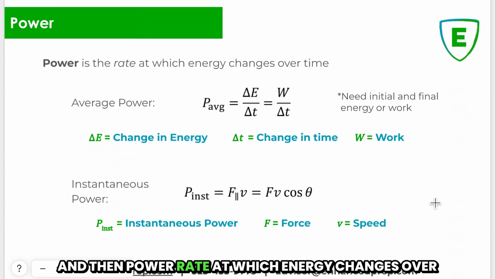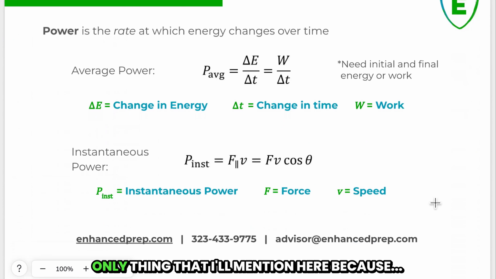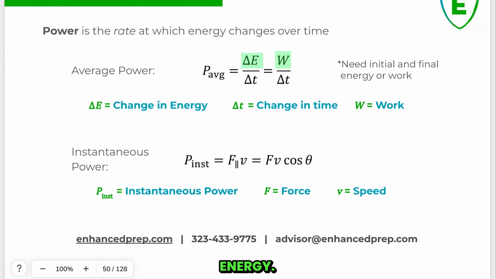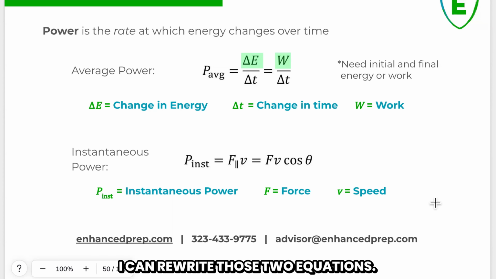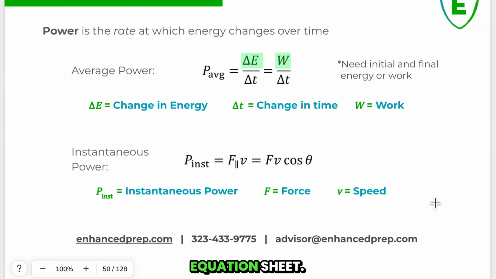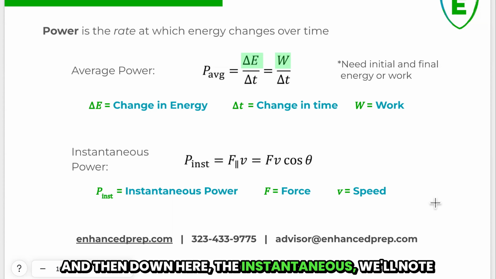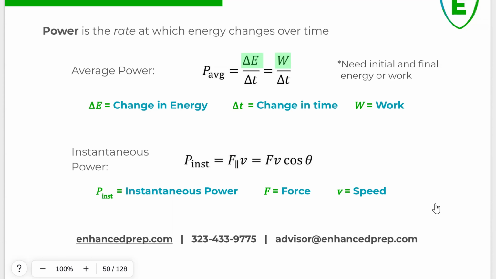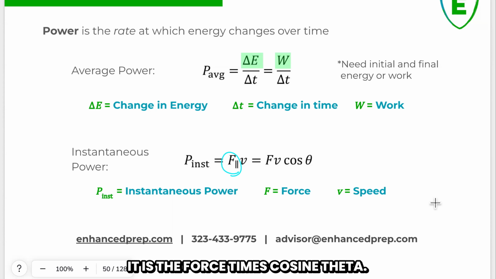And then power: the rate at which energy changes over time. The only thing that I'll mention here is that because work is a type of change in energy, I can rewrite those two equations. I think you might be given both of them on the equation sheet. And then down here, the instantaneous power: we'll note that the parallel force, actually, let me use a different color, is the force times cosine theta.